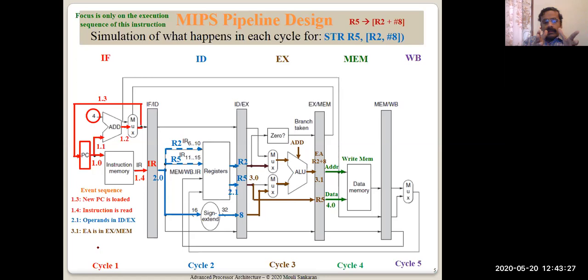But if you are hardware centric and you want to know how things happen, this is how it happens. Okay, so now data is written and this instruction has nothing to do in the write back stage. So our job is done, but one cycle will be lost. Please remember that. Okay, I hope this is very clear.